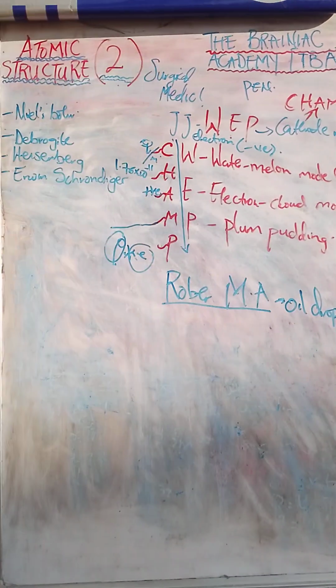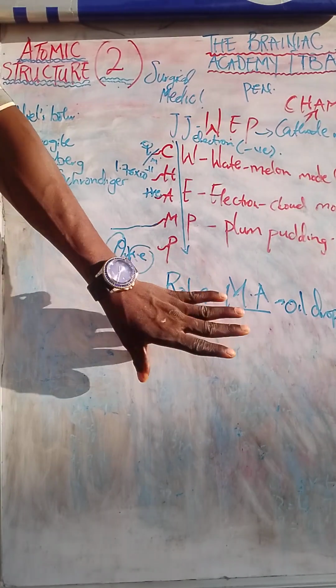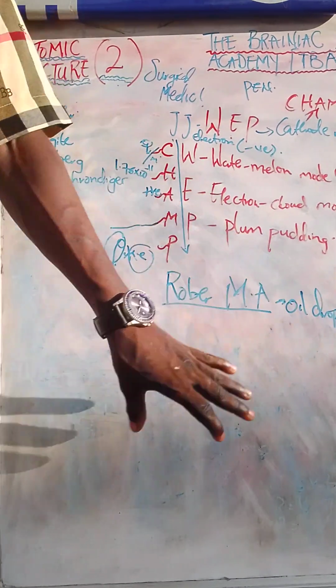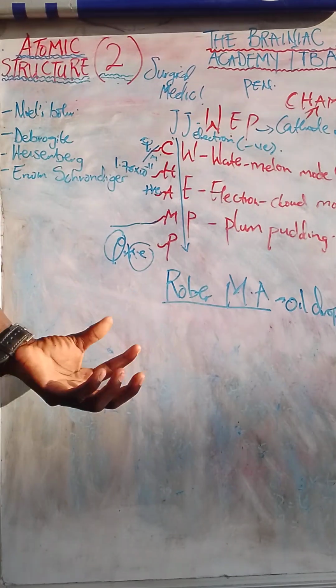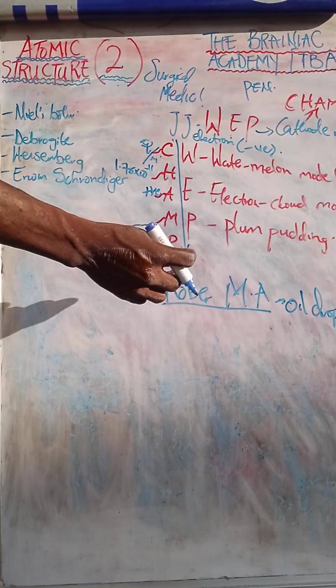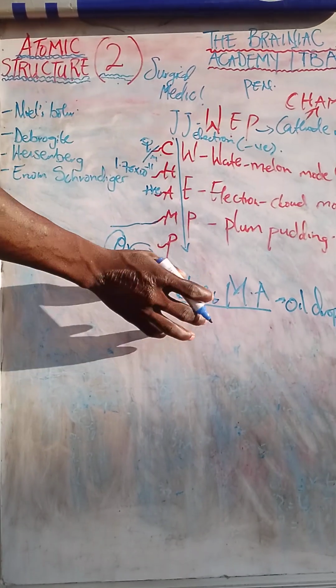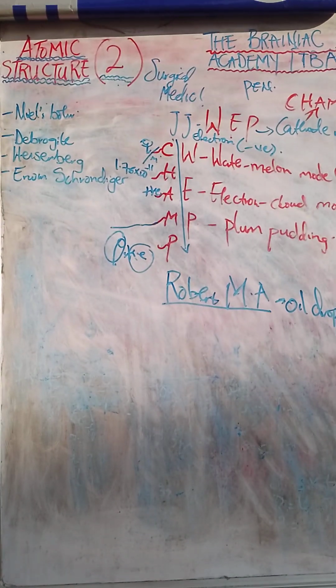Please take note. I said it in the last video, so this is just a recap. He did his oil drop experiment, and he determined the charge of an electron. The charge of an electron, that I taught him then: you don't know the charge of an electron, I will teach you.